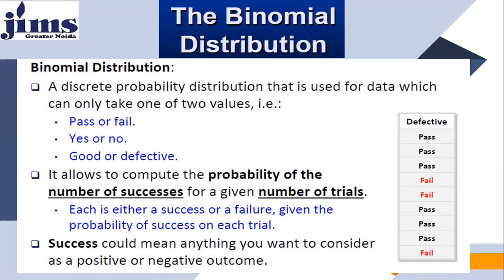So binomial distribution is a discrete probability distribution that is used for data which can only take one of two values, that is pass or fail. It may be yes or no. It may be good or defective. So you have only two choices.